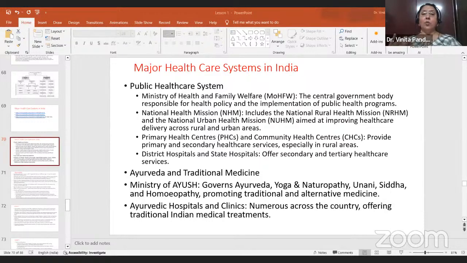For example, when you do Kapalbhati pranayama, what is happening? Your entire internal organ system is getting rejuvenated to a great extent. Or when you do Bhramari pranayama, or Anulom Vilom pranayama.